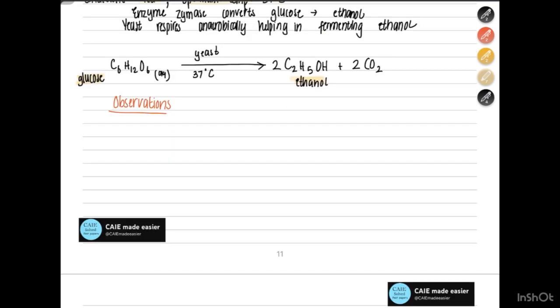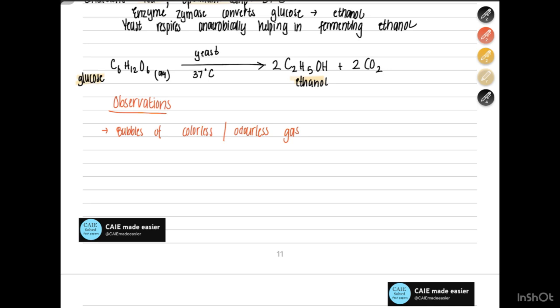What are the observations when fermentation is occurring, for example? Basically, carbon dioxide is formed, right? So first we can say, easy one, bubbles of colorless, odorless gas is observed. Colorless because carbon dioxide has no color, it's present all around us, and thankfully it is also odorless. Imagine if carbon dioxide had some odor, we had to bear with it every second of our life.